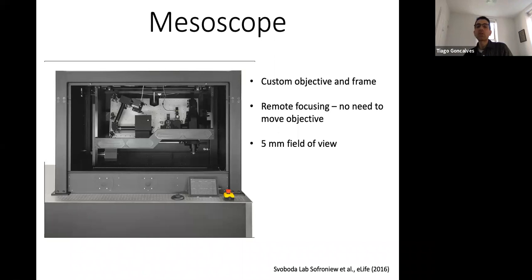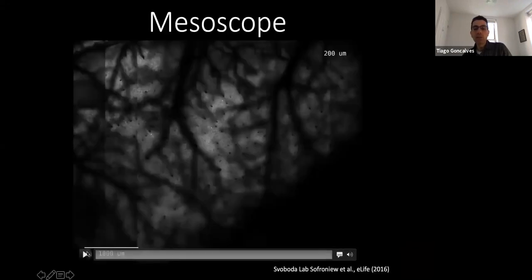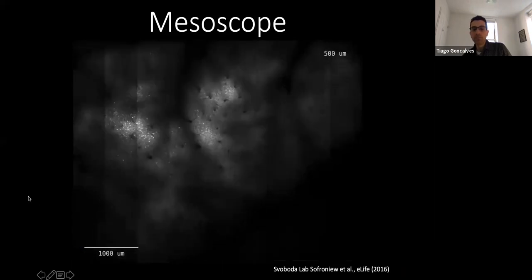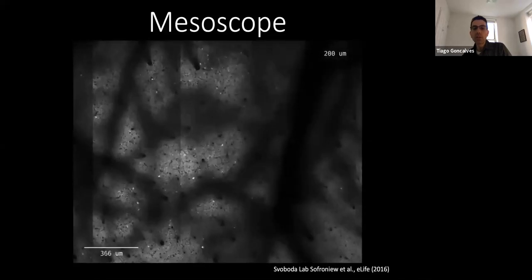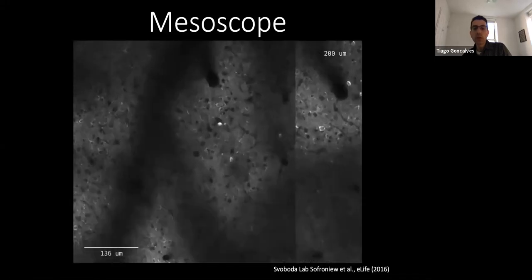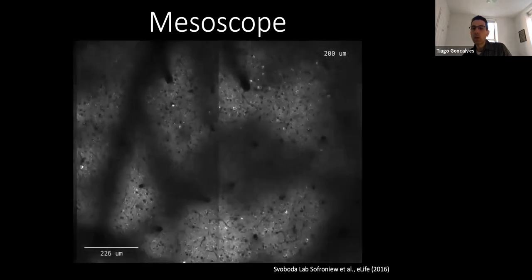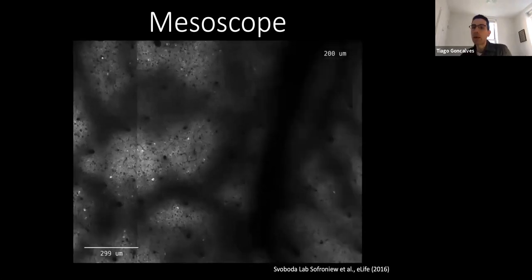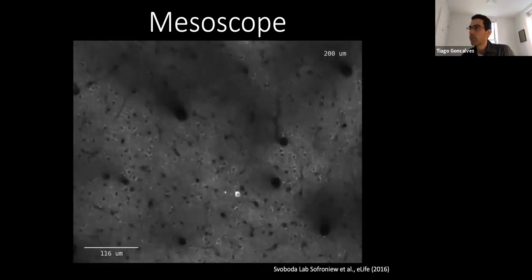But what this allows you to do is to image. Look at the scale bar. This is 1 millimeter, and you see that this scale bar is changing. You can zoom in to individual cells, you can zoom back out, you can go between one area of the brain and another, and you can cover millimeters in the brain.